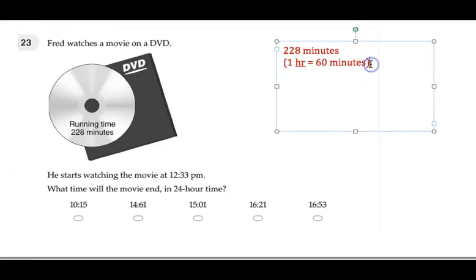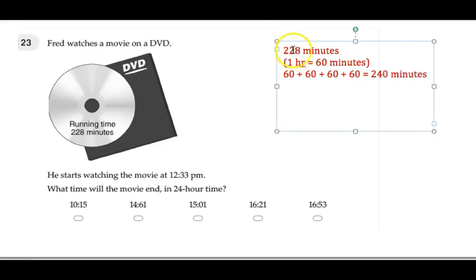Or you've got 60 minutes, which is 1 hour, plus another 60 minutes is 120 minutes, that's 2 hours, another 60, that's 180 minutes. If I do 60 times 4, I get 240 minutes. But that is too long.